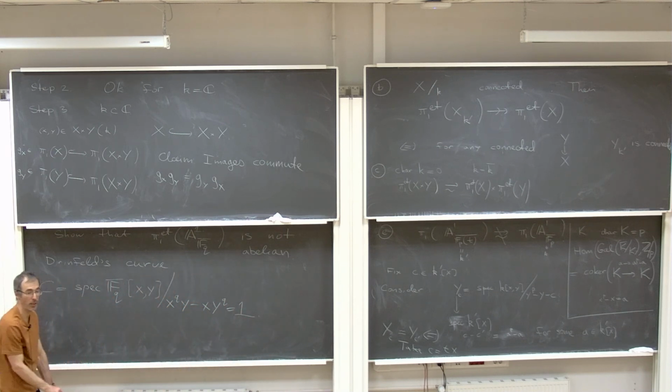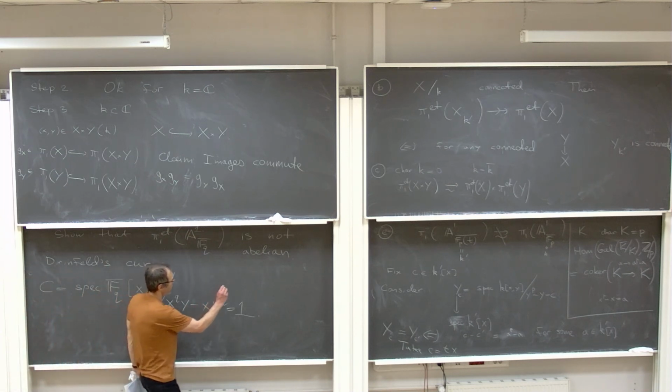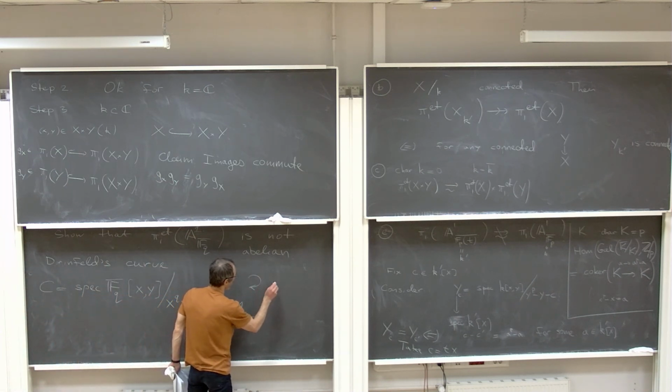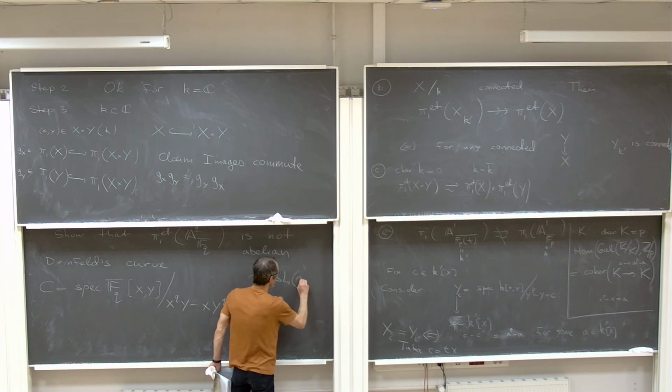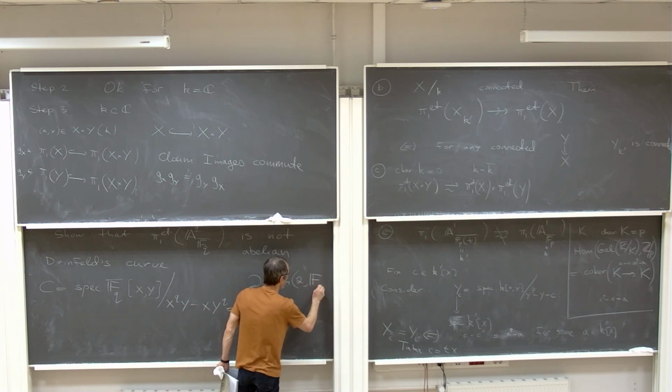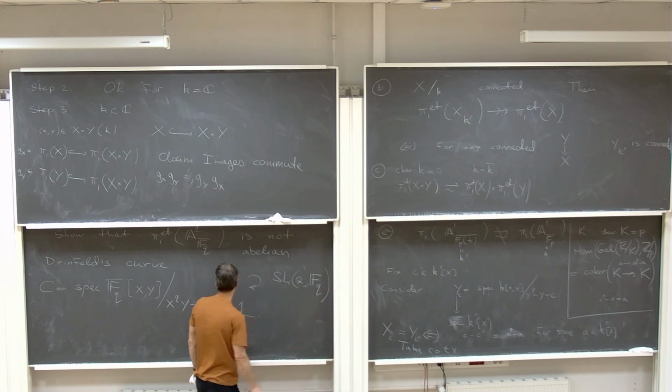That's the equation of the curve. The remarkable property of this curve is that you have an action of the group SL2 of F_q on this curve.